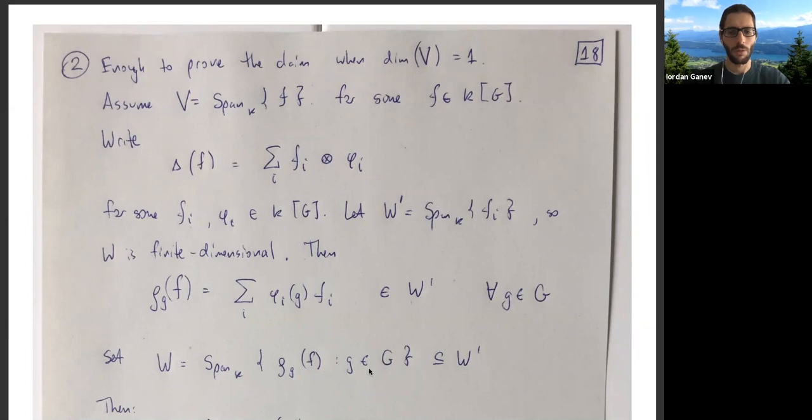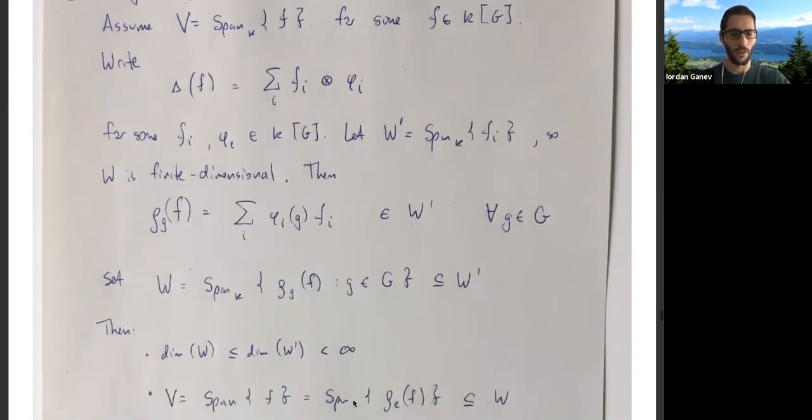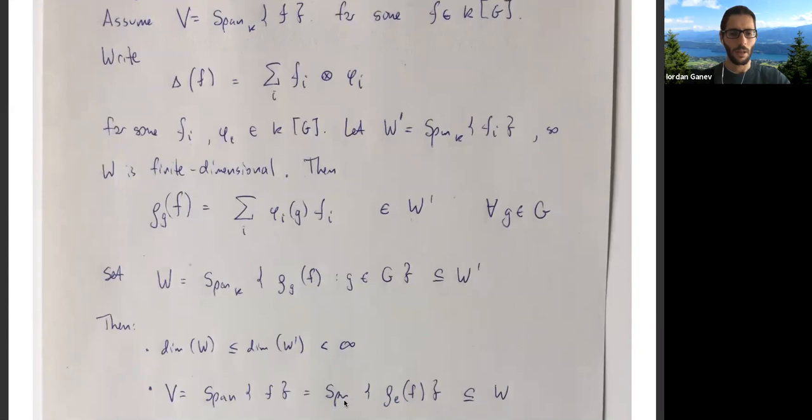But because W' is finite dimensional, when we take this span, there will be lots of linear dependencies, and we get something that's just finite dimensional because everything is happening inside of W'. So that's what I just said. The dimension of W is at most that of W', which is finite.